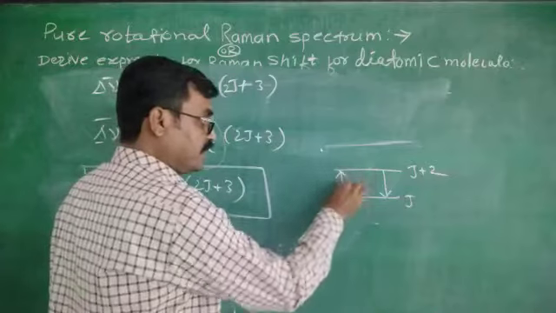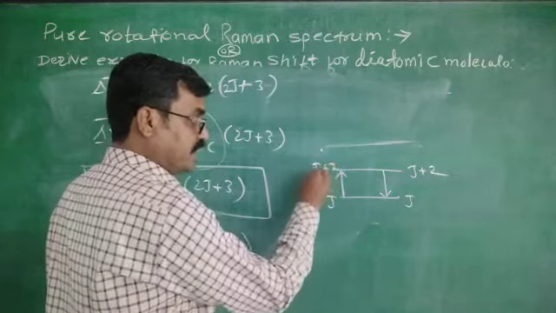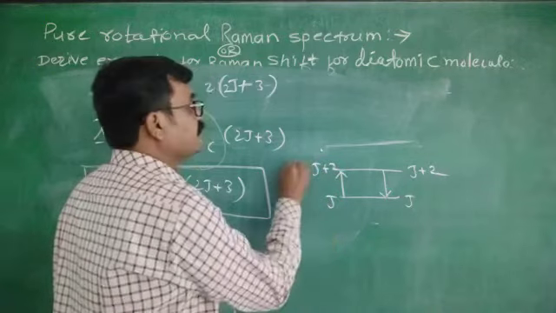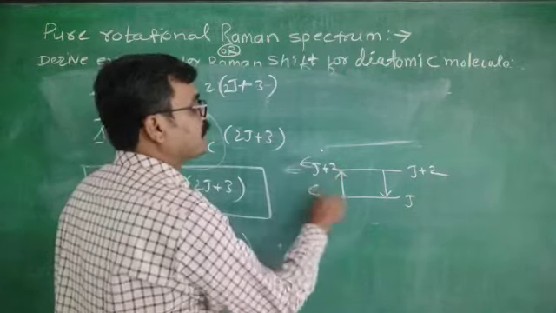Now in Stokes lines it will be j to j plus 2. That's why we have taken epsilon j plus 2 and epsilon j.